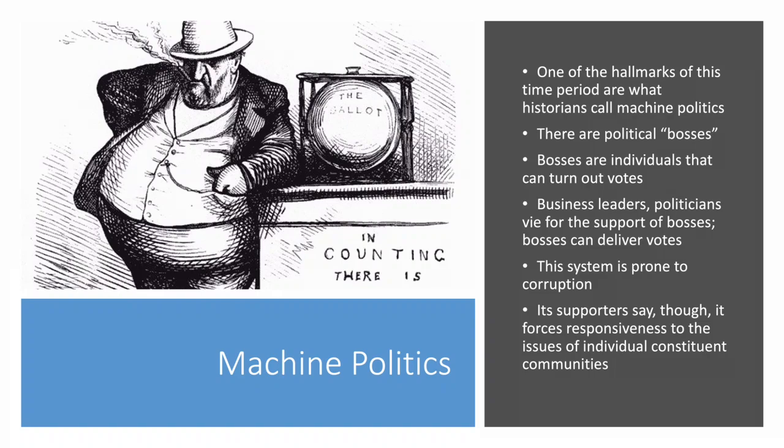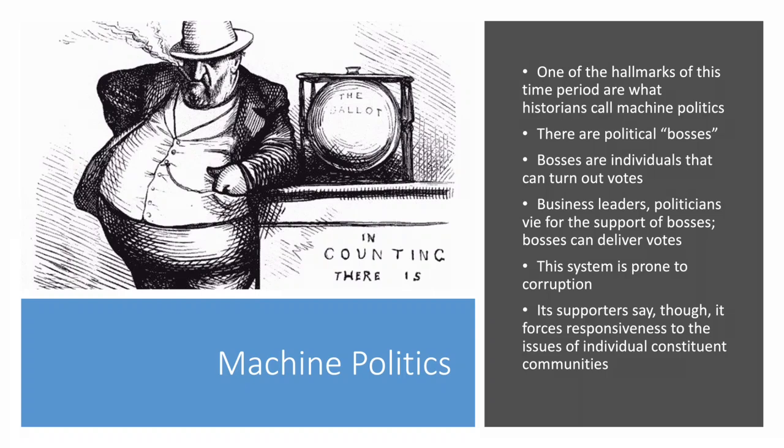Now, we know in the case of the presidency, that's not always true because the electoral college means you could lose the popular vote but still win the electoral college, which has happened several times in our nation's history. But overall, for most elected offices, what happens is that the person who gets the most votes wins the election.